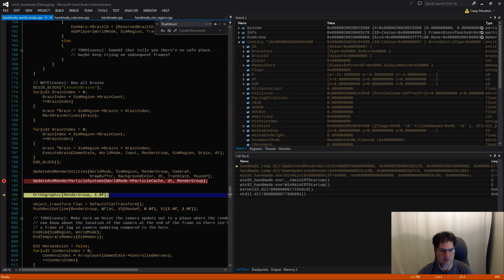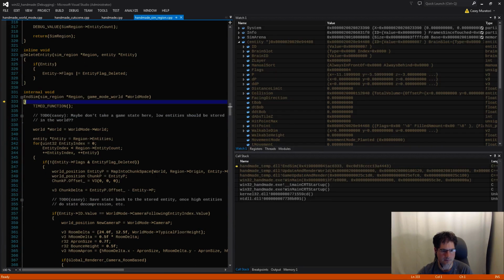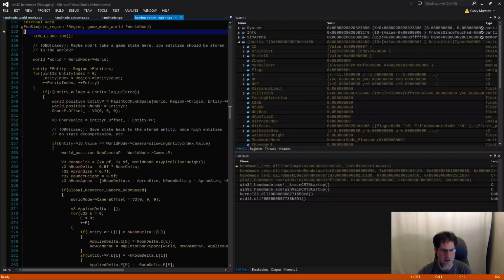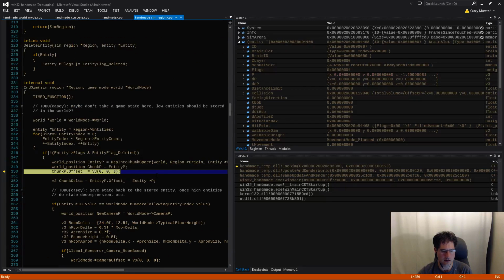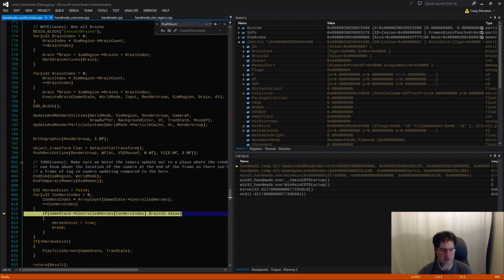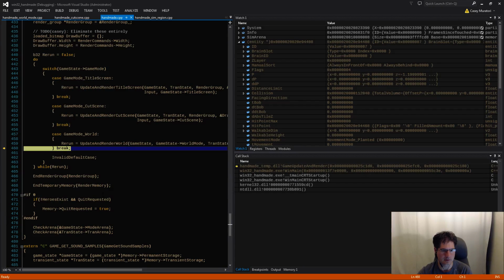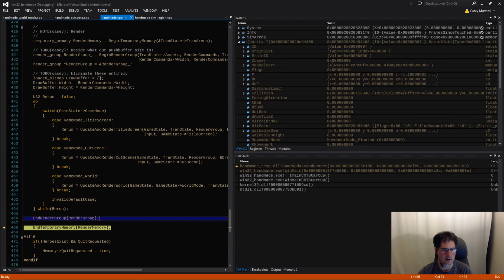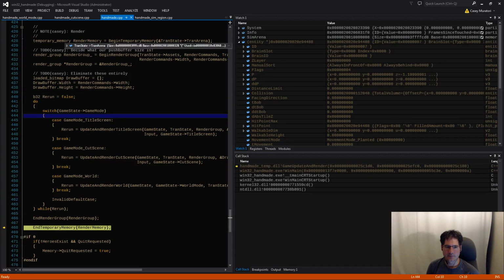So that didn't get touched, right? So when we come through the sim, oh, okay, so it doesn't happen on the first frame. Bam. That is our problem right there.